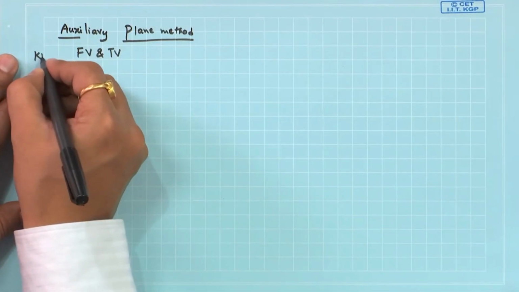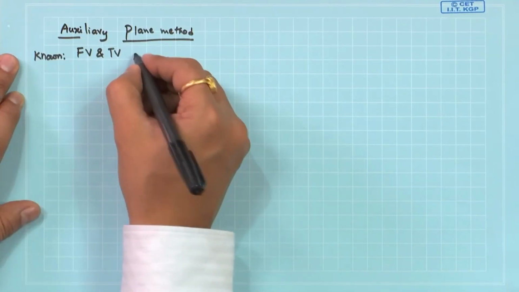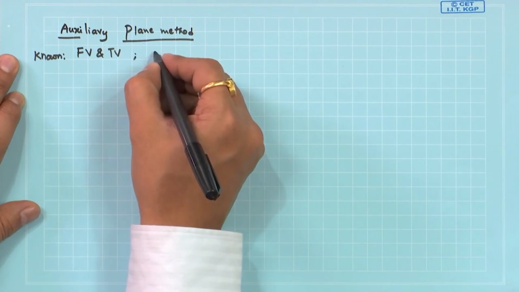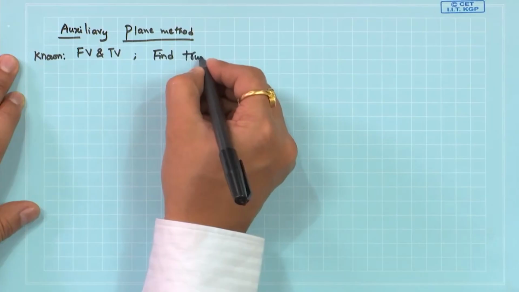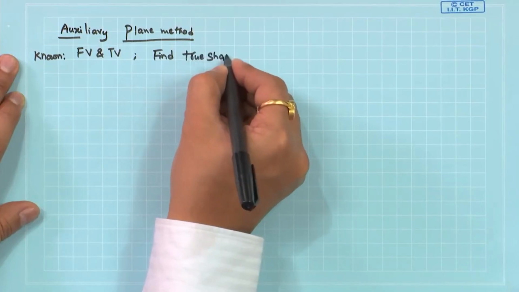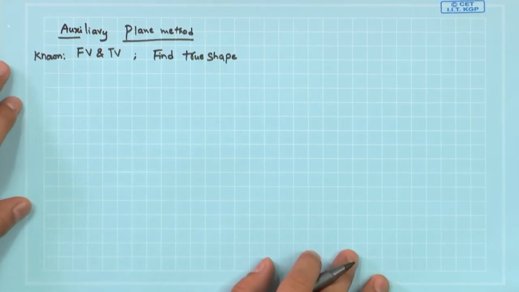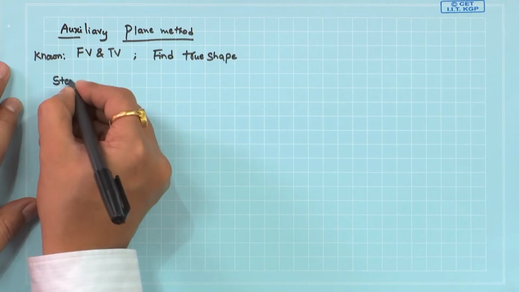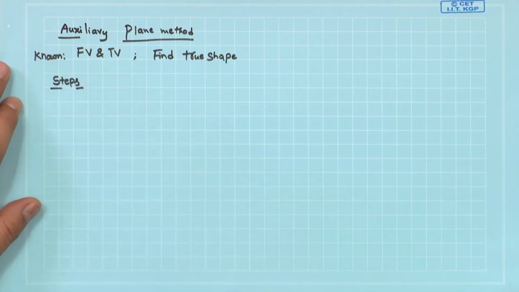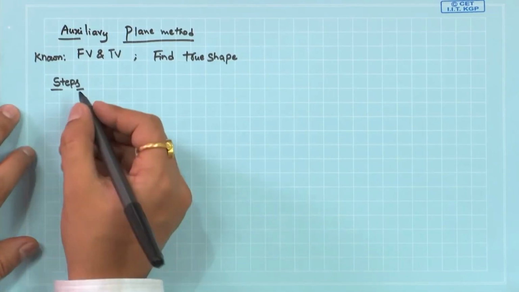These are known. What is to be formed? The true shape. So, if we follow a few steps as a recommendation, then we will get this true shape.